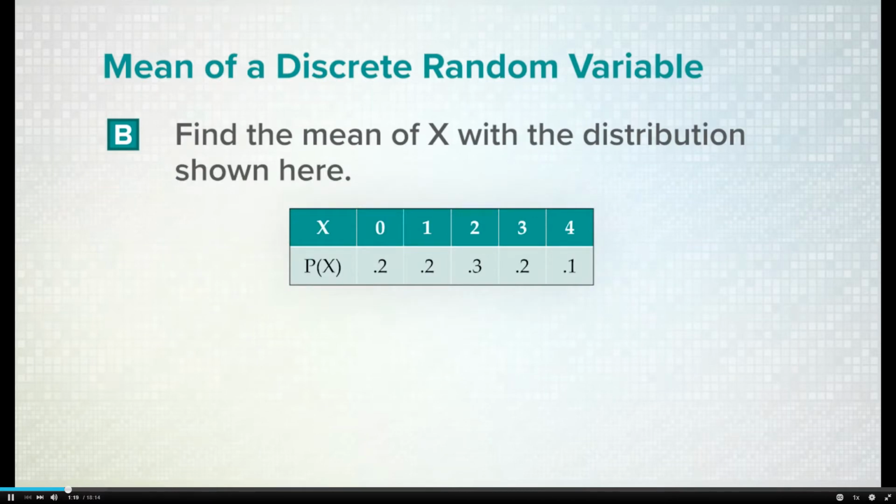Now let's find the mean of x with the probability distribution shown here. How will we find the mean of this using what we already know about means? Say that we have 10 people in this population. How many of these 10 people have 0 siblings, or 1 sibling, or 2, etc.? What we can do is use this probability distribution to answer that question.